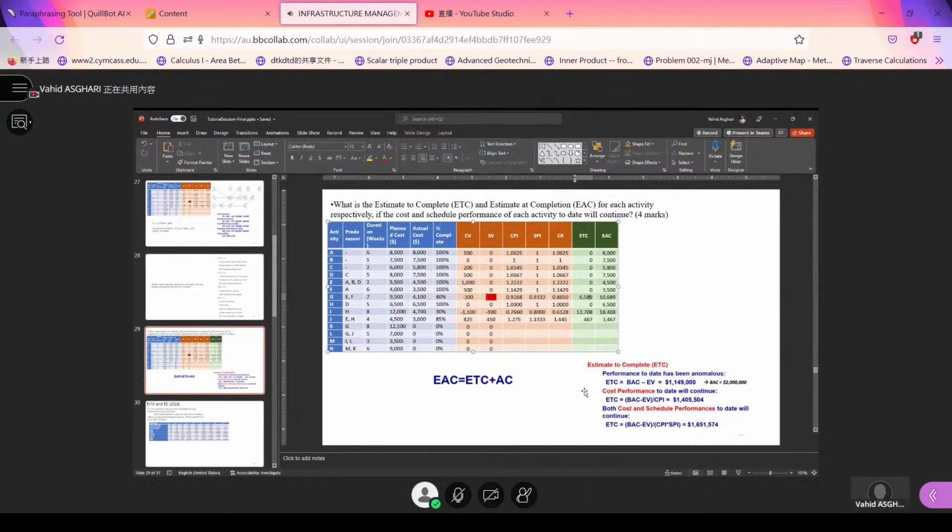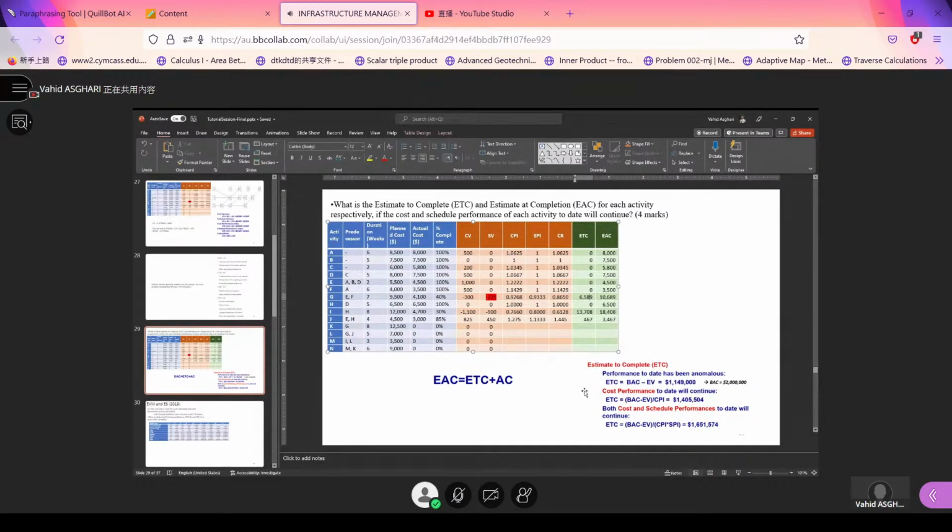That's the idea. Got it? Anybody have a question for this? If the question says that cost performance to date will continue, it basically says that the expenditure pattern is going to be similar. So we need to understand it.